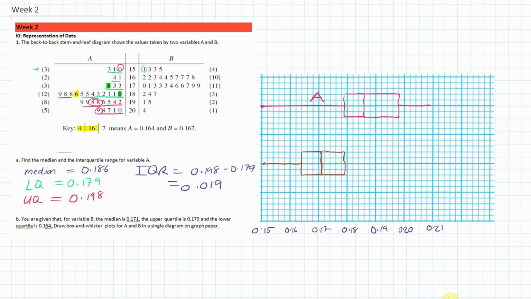Where's 0.204? About there. Check the 0.179 and 0.171. Okay, I think that's right. This is B. Yeah, I think I'm pretty happy with that. I think that's correct.